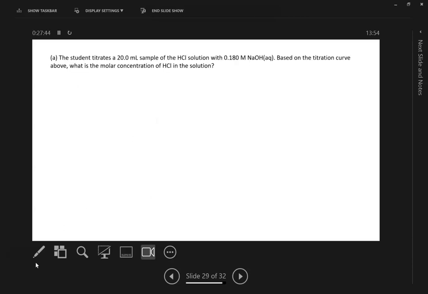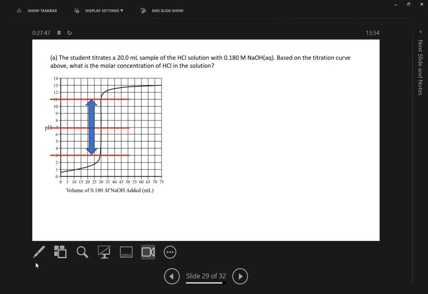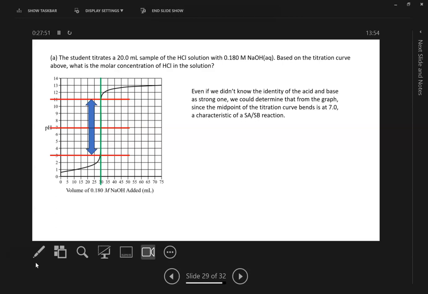Well, let's take a look here. And I just rewrote part A. So we can look at this curve, right? Even if we didn't know the identity of the acid and the base as strong ones, we could look at the graph and see the midpoint of the titration curve is at 7.